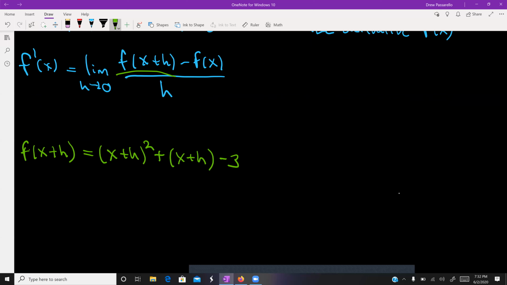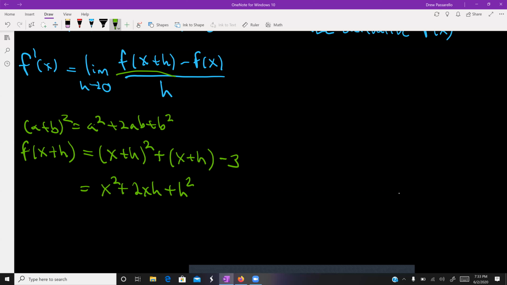Now x plus h squared turns into x squared plus 2xh plus h squared. From algebra, if you have a plus b binomial squared, that's a squared plus 2ab plus b squared. It's just different letters in this case.